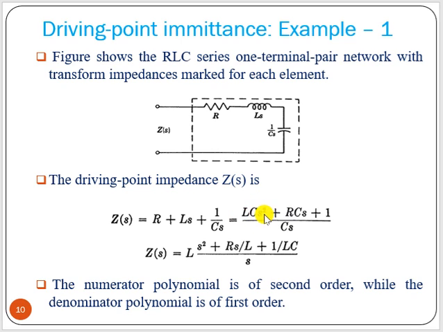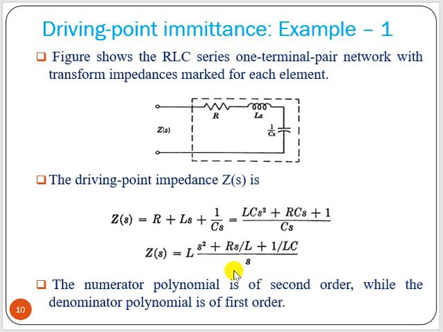So we have to divide this numerator by LC, and we can divide this denominator by C. Then what we will get: L by C, we can take common, and from here C, so C cancels out, so L is a constant term. We will be left with S squared plus R by L into S plus 1 by LC, over S.